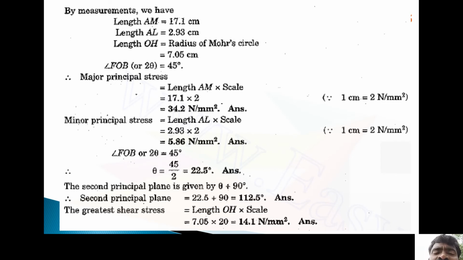The minor principal stress is 5.86 Newton per mm square. Next, 2 theta equals 45, so theta equals 22.5 degrees. The second principal plane is given by theta plus 90, that is 22.5 plus 90 equals 112.5. The greatest shear stress is the length of OH into scale, which is 14.1 Newton per mm square.